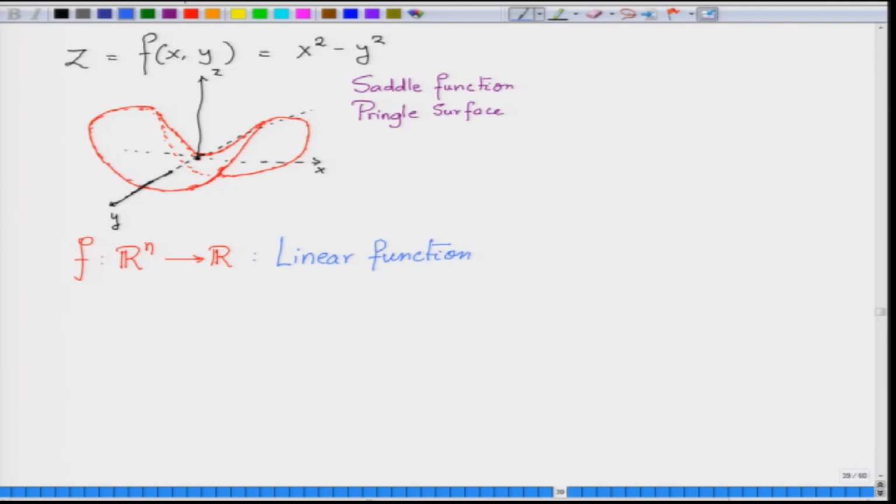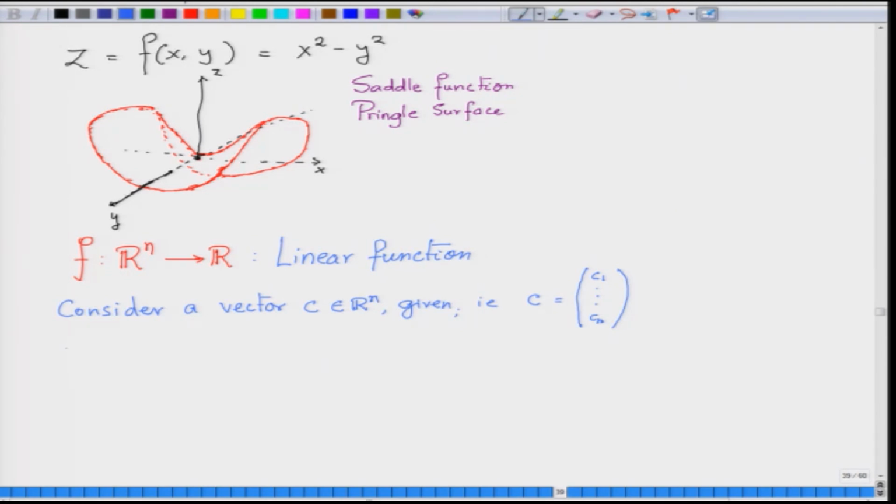So, how is a linear function constructed? Consider a vector C, an element of Rn, given. That is, C is equal to the column vector C1, C2, up to Cn.